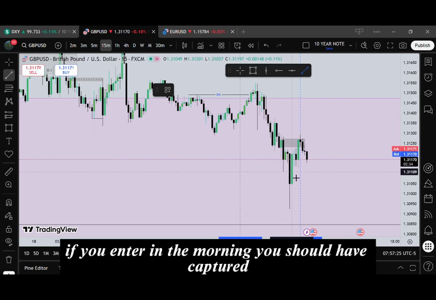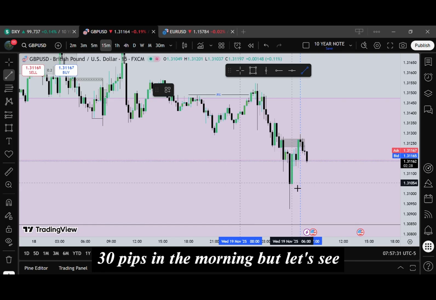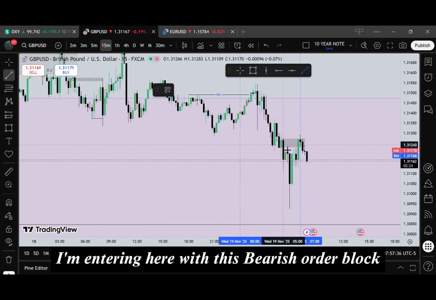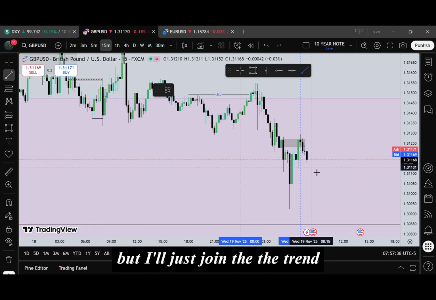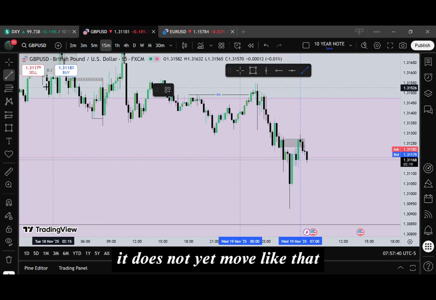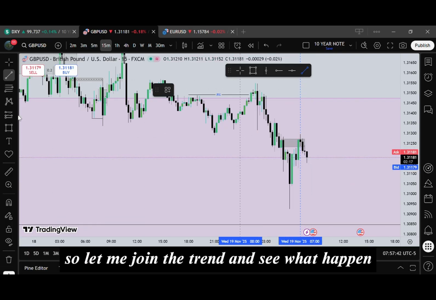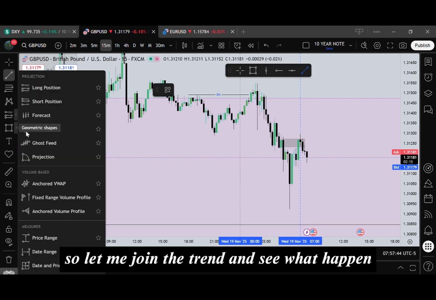If you enter in the morning, you should have captured 30 pips in the morning. But let's see. I'm entering here. This bearish order block, though I'm late already, but I'll just join the trend. It does not yet move like that. So let me join the trend and see what happens.